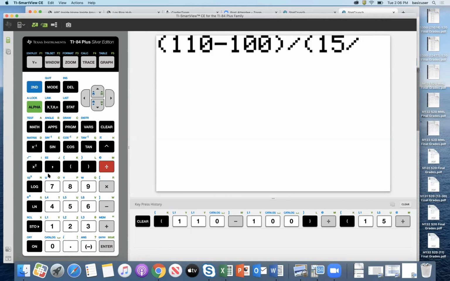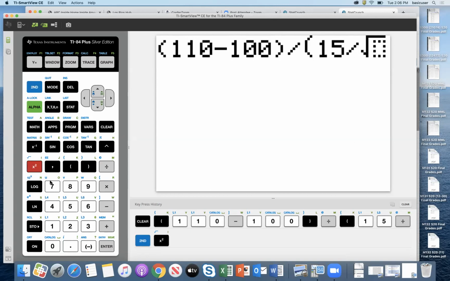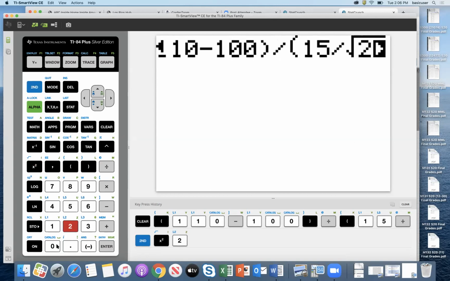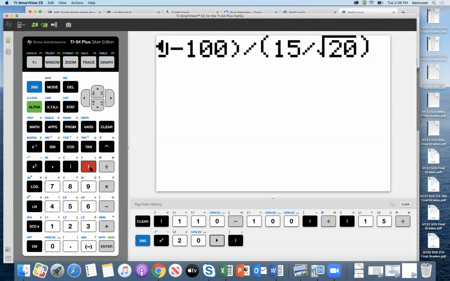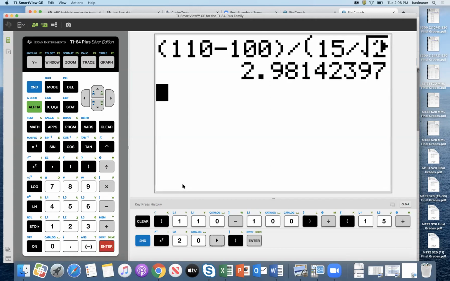And then I got to hit the square root, so that's going to be second square root, and then I'll type in 20, and then I got to get out of that square root, so just arrow over, and then I'll close my parenthesis. That's how you're going to want to type it in to get it all done at once. And so this is 2.98. Okay, so approximately 2.98.